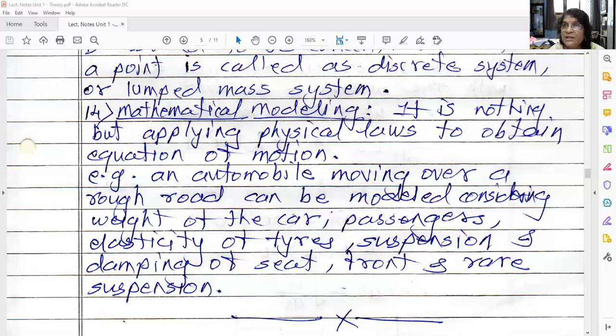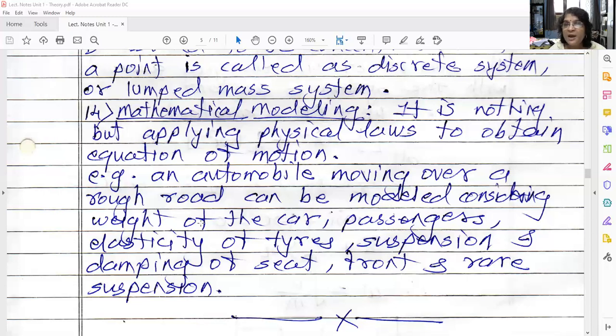Now the automobile is not one single part. For simplification, we always study a single part, that is one spring, one mass, one damper. But the automobile consists of 1,000 parts.